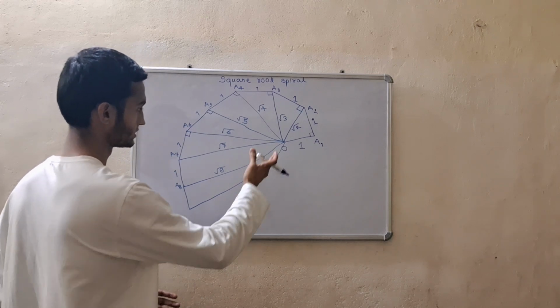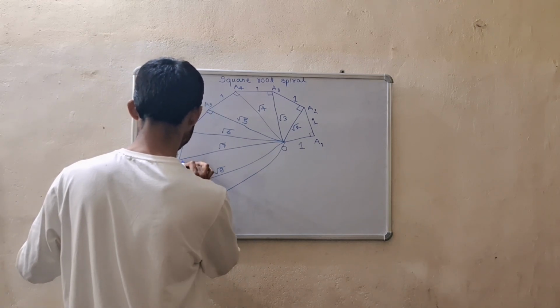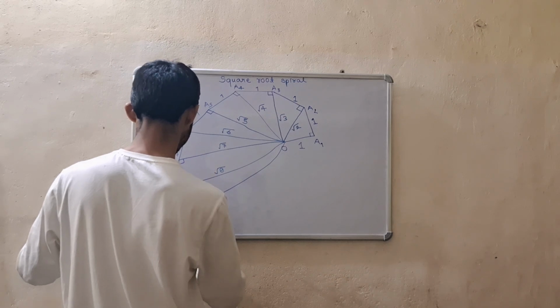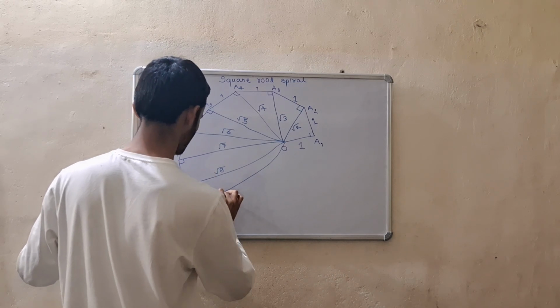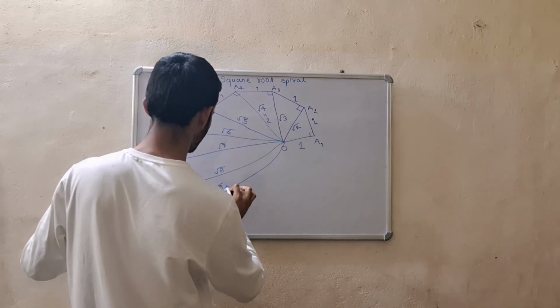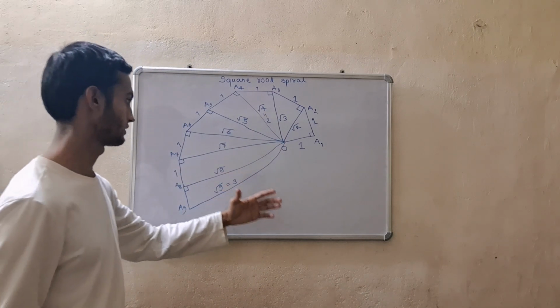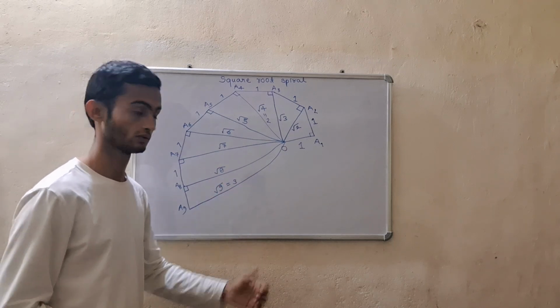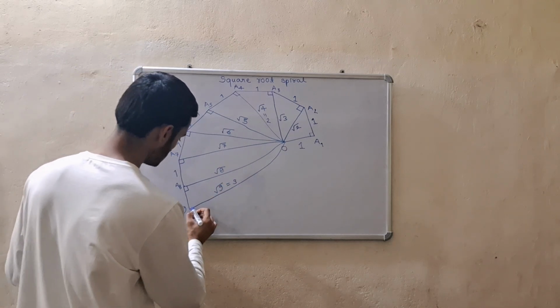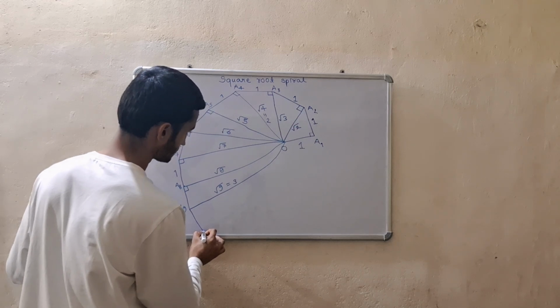I tried to make it a straight line, but okay. A9, and this is the square root of 9. The square root of 4 is 2, the square root of 9 is 3. So these two, as we can see, are not irrationals. Then we have another one like this.